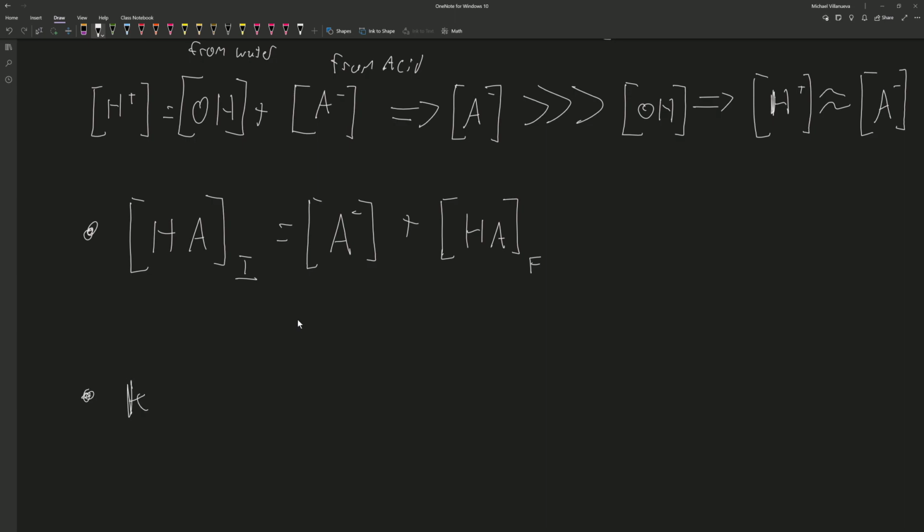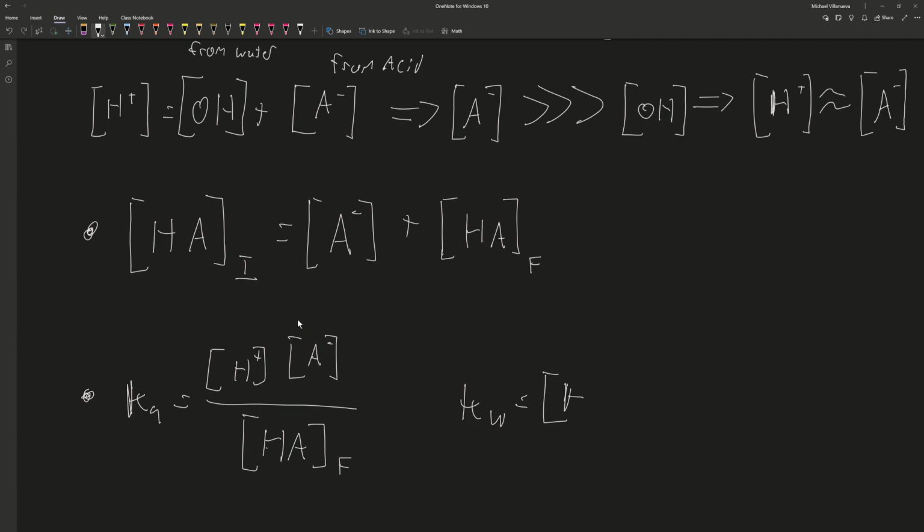So we can say that Ka is equal to the concentration of H multiplied by the concentration of A all over the concentration of HA final. So this is going to be the final concentration. We know that Kw is equal to H plus and OH minus.